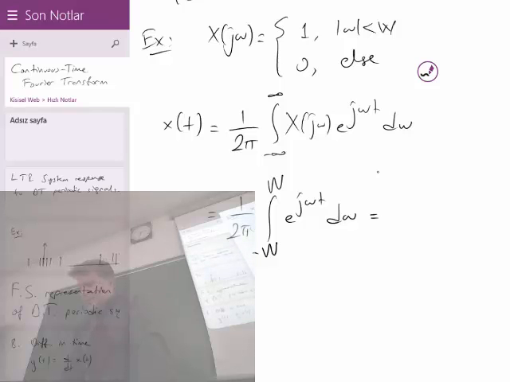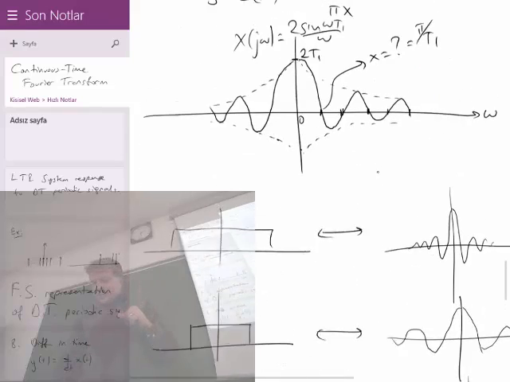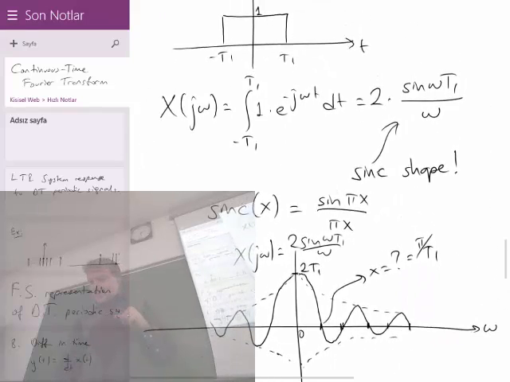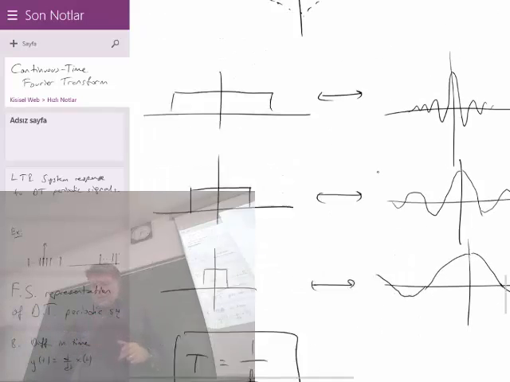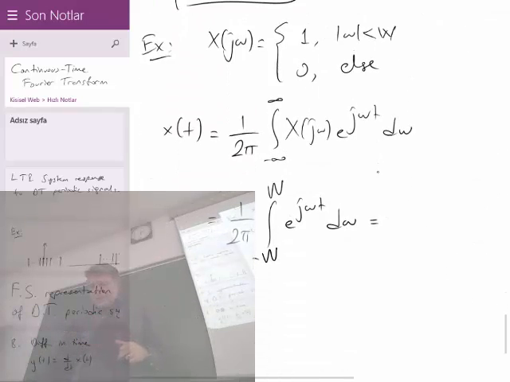As you see, this integral is very similar to the previous integral. What was the previous integral that I didn't solve? It was here, from minus t1 to t1, e to the minus j omega t dt, which is sinc. And this time, it is from minus w to w, 1 times e to the j omega t d omega. And of course, it's not a big surprise to come up with a sinc shape again.